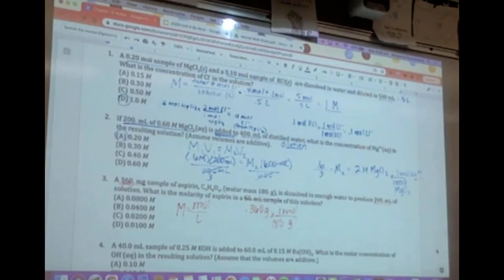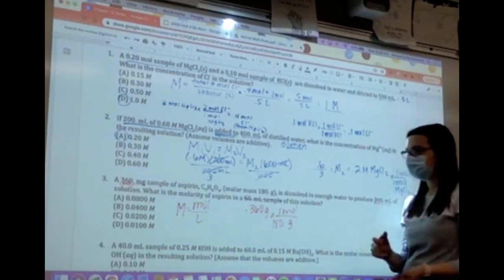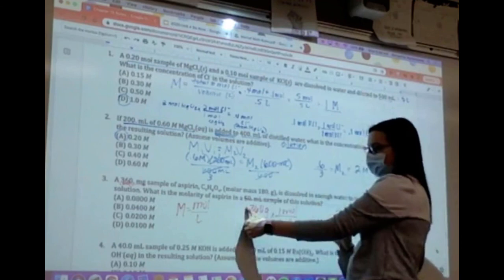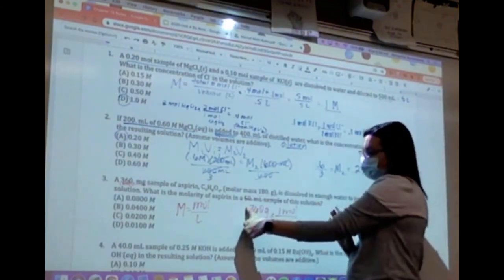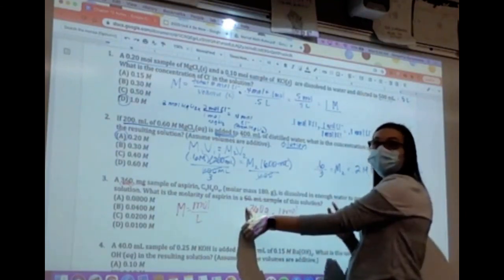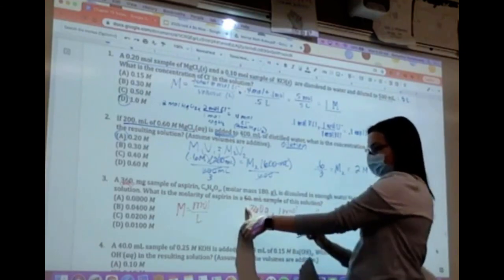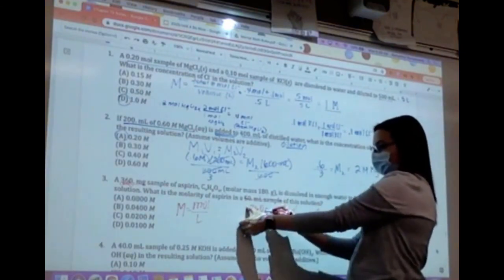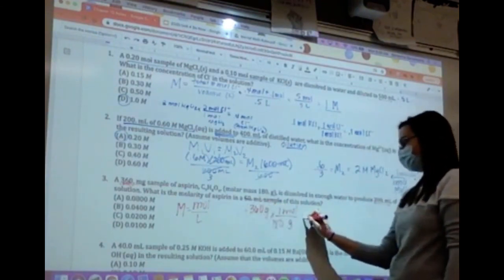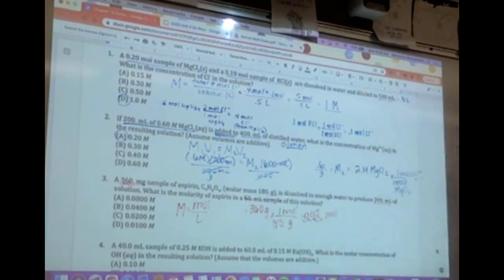So here's where you do it one of 2 ways. You could put them in scientific notation, or what I like to do is I will just ignore this decimal for the time being. What's 360 divided by 180? 2. Right? 360 divided by 180 is 2. But I have this decimal, so instead of 360, move the decimal 1, 2, 3 times. It's 0.002 moles of aspirin.